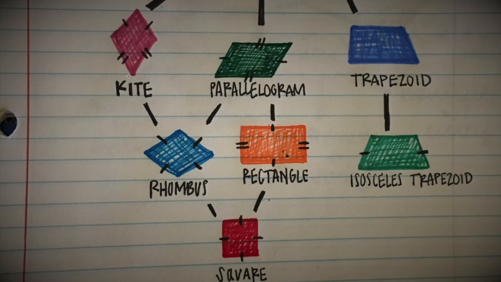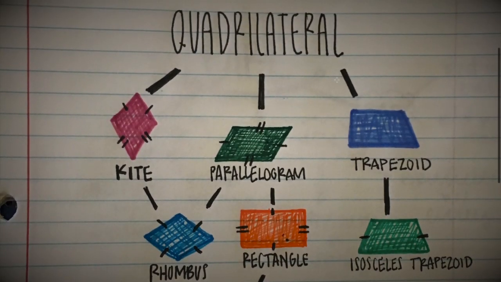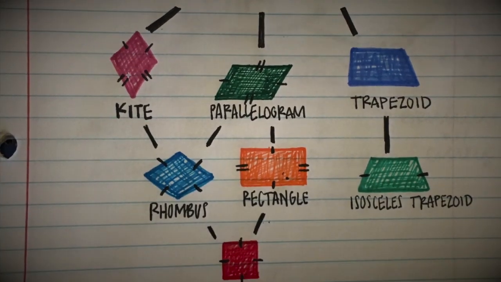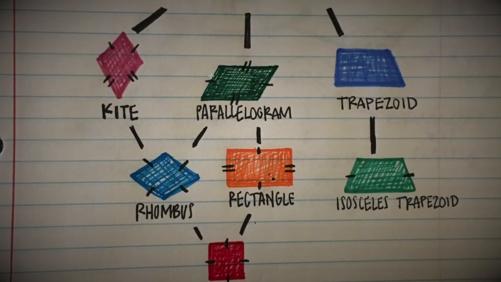So this identifies our kite, but remember, our kite falls under the category of quadrilateral. So along with having its adjacent equal sides, it also has four sides and four angles. Okay? So let's go over to our parallelograms.